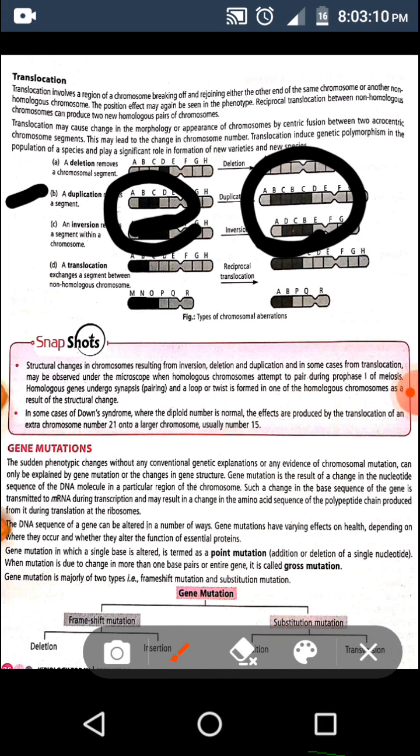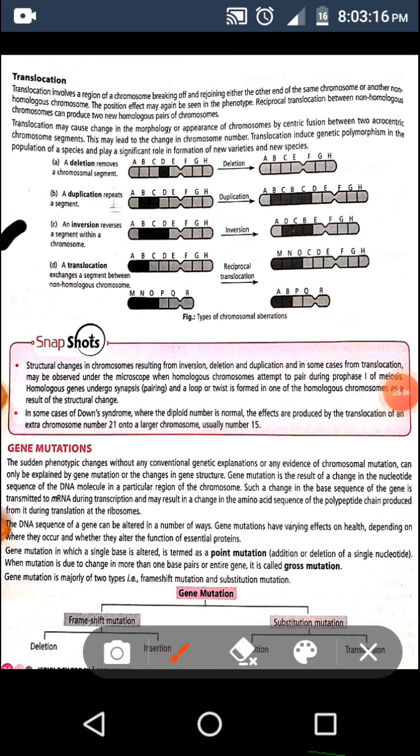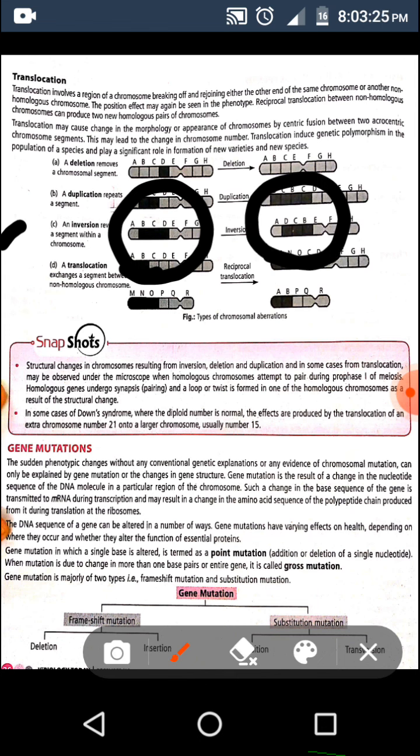In inversion, this part of the chromosome breaks off, rotates around 180 degrees and rejoins the chromosome.